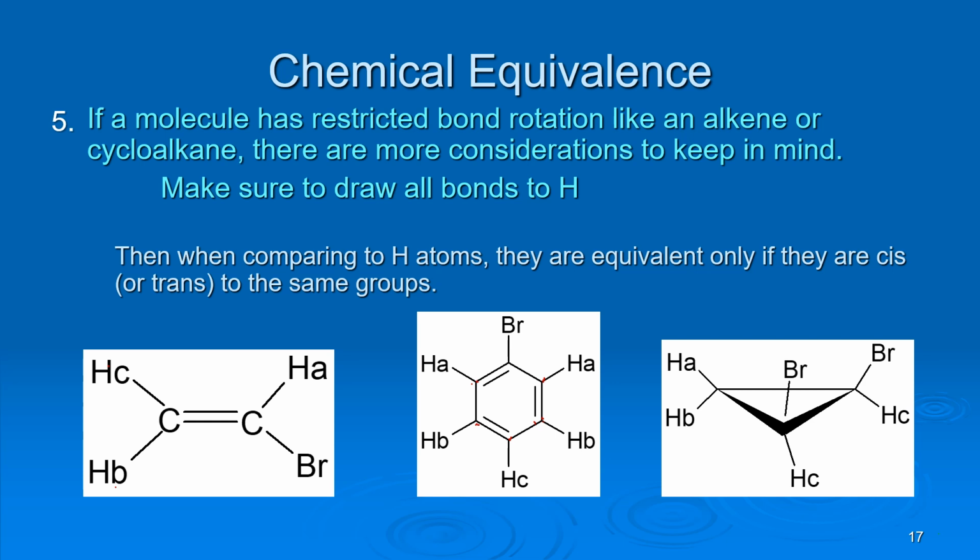And then the same thing over here on the right. Now these two are the same because they're in the same kind of position with bromine, but then you can see here that the HA and HB are going to be a little bit different. HA is closer to the bromines than the HB. So this one should also give rise to 3.